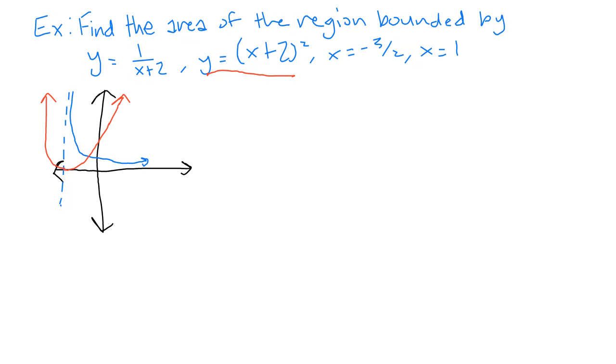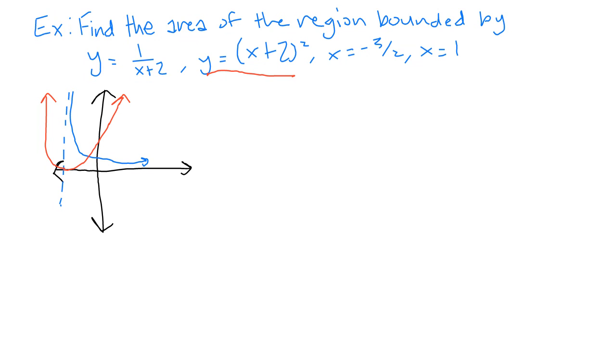So we can see that these two graphs are going to intersect. The thing we need to look at is whether or not this intersection is going to affect our bounds. So the first thing we can do is see if our two equations intersect. We're going to set them equal to each other.